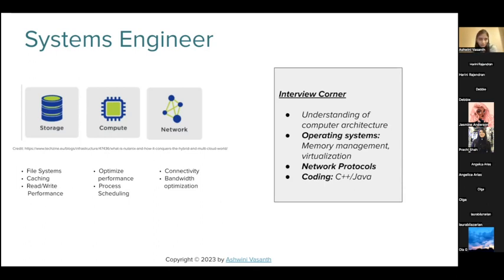Now, of course, you have to code as a systems engineer as well. But the coding language that you see over here, it could be C, C++, Java, and I want to point out one critical difference over here.